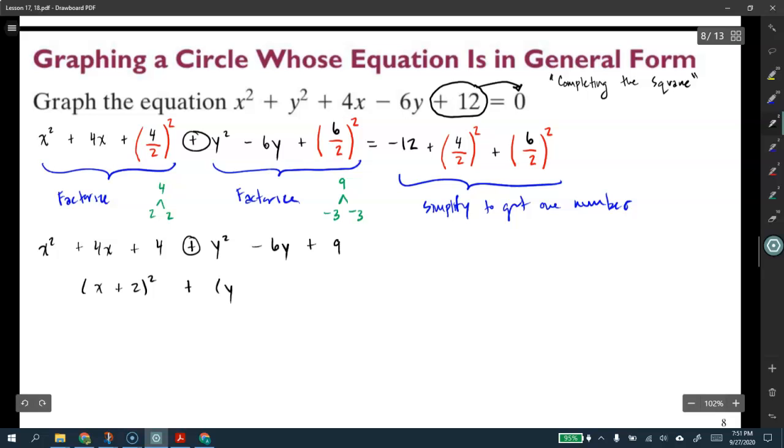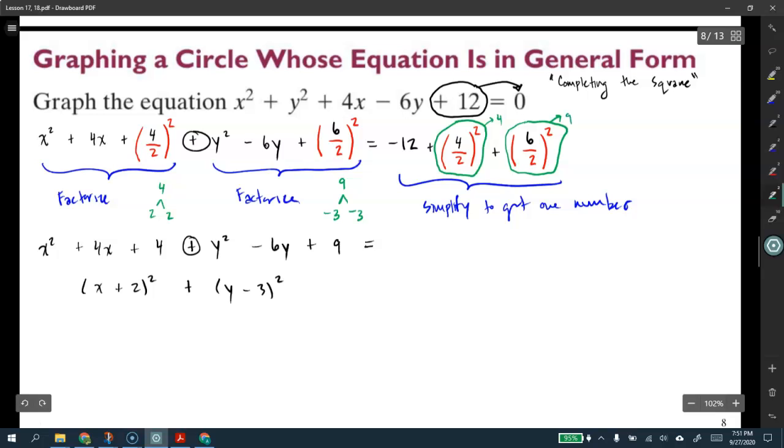So we have y minus 3 whole squared, like such. And finally, on the right side of the equation, we need to simplify to get one answer. We know that this first piece over here gives us 4. We know this piece right over here gives us the number 9.